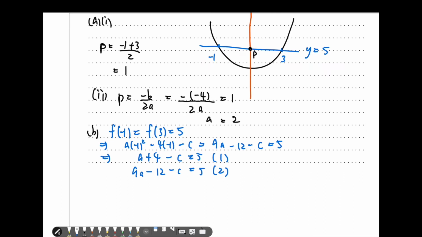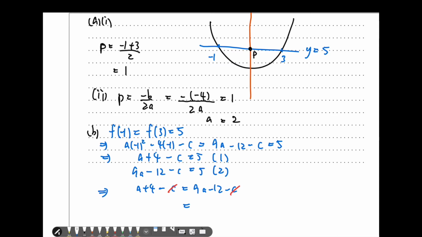Then we equate them together, so a plus 4 minus c is equal to 9a minus 12 minus c. And then we can cancel the c.